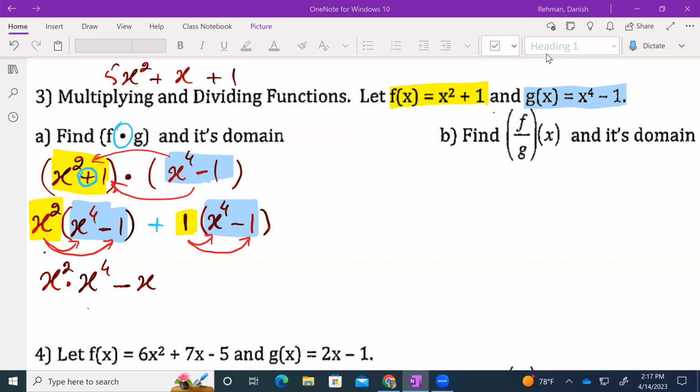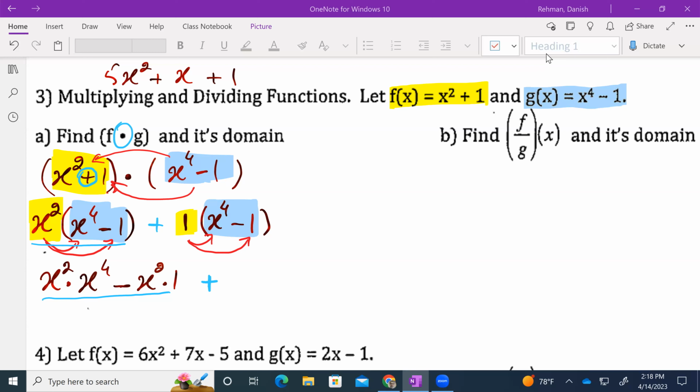Up till this part, I have taken care of the first distribution of x square over the 2 terms. Now, I will bring in the plus sign again over here.